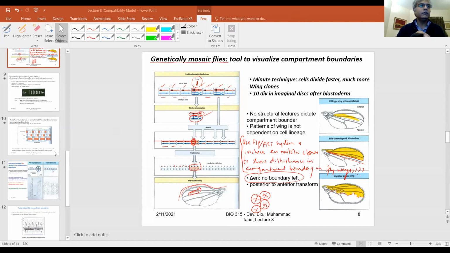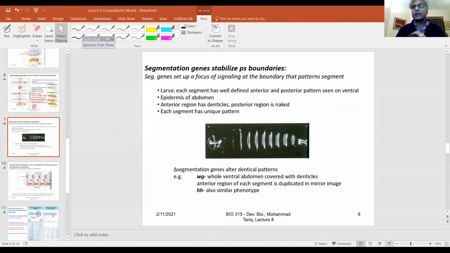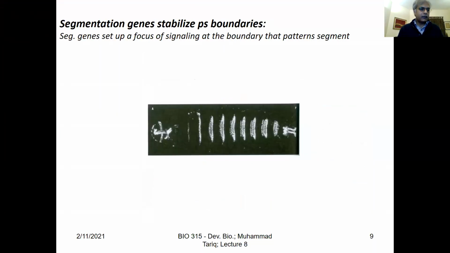So you're going to now continue looking at the segmentation genes. The example we are going to look at now regarding segmentation genes are Wingless and Hedgehog.